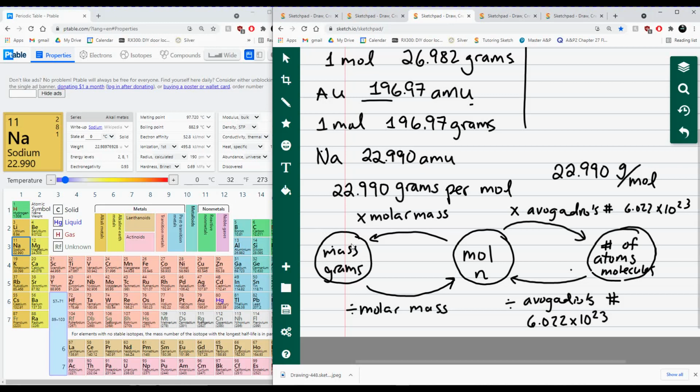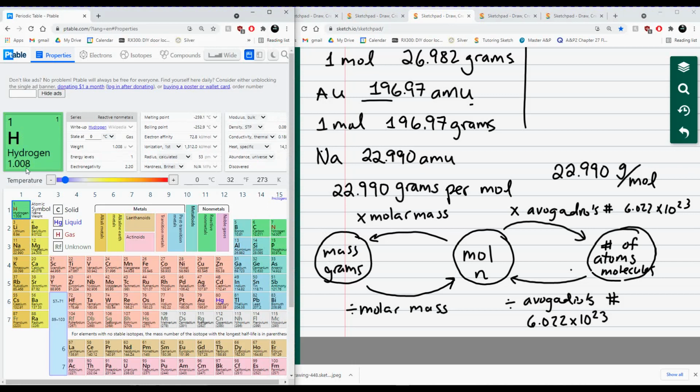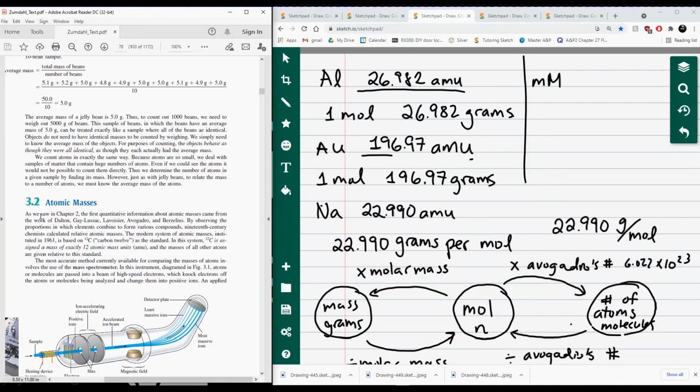So if we were to start at mass of hydrogen, we must divide by the molar mass, which in this case is going to be 1.008 based on the periodic table. So then we've gone into this intermediary junction, to which then we continue on to the number of atoms by then multiplying by Avogadro's number. So quick rule of thumb is multiply when you are going away from moles and divide when you are going towards moles.